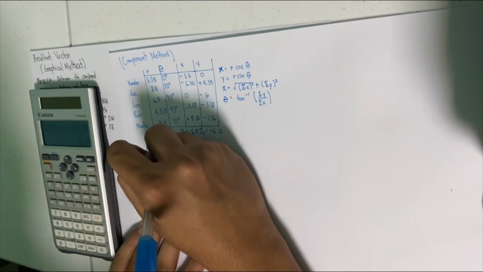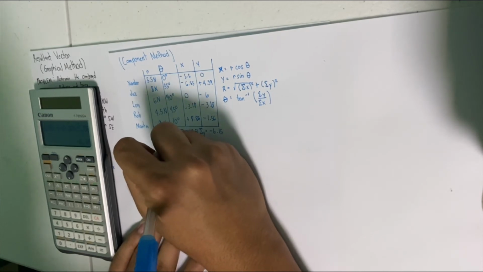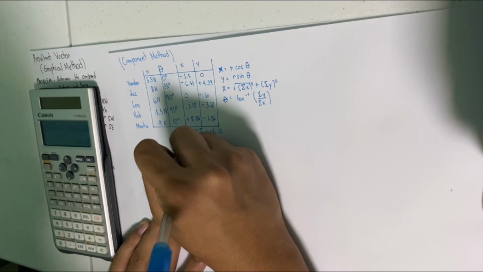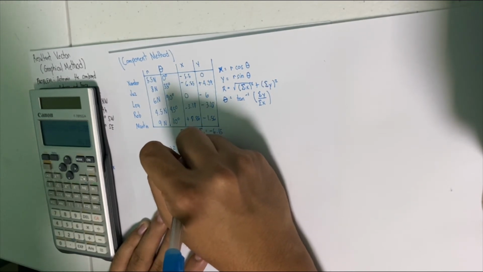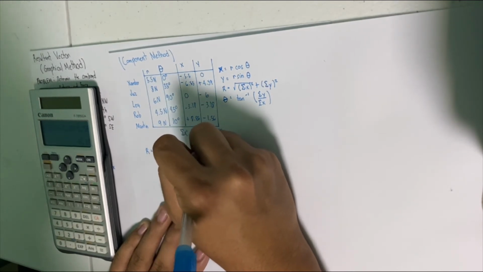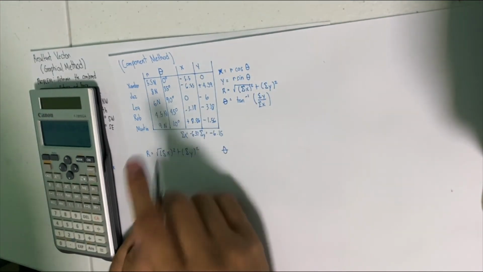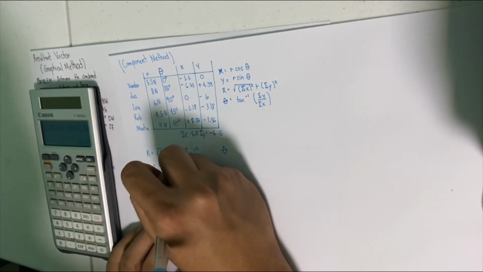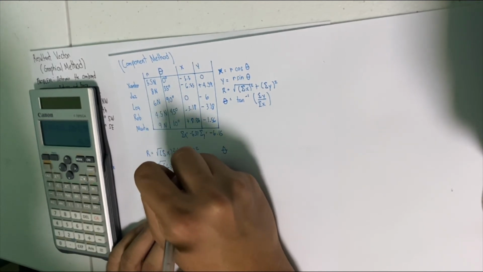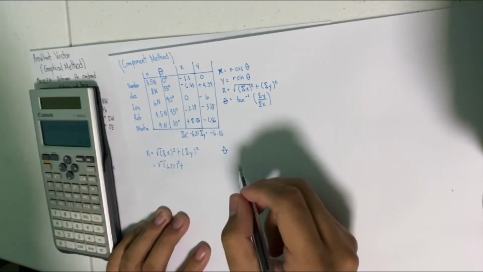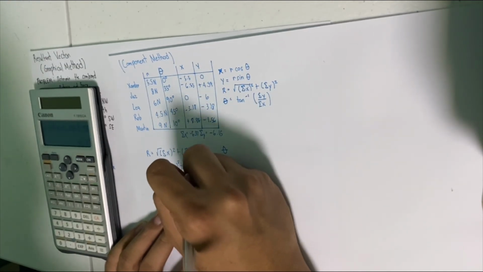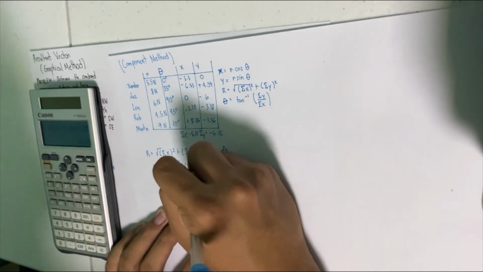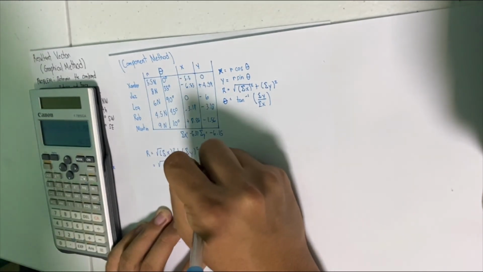So, here is the formula of the resultant vector. Again, rewrite. You need to type this on the calculator, which is the square root of negative 6.37 squared plus negative 6.15 squared.